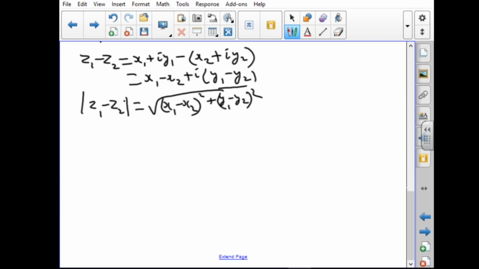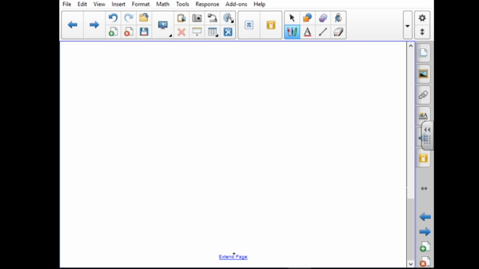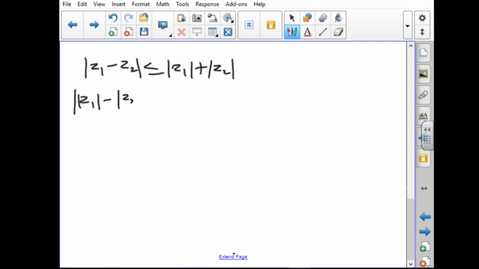Now, if you take z1 and z2 as vertices of a triangle, then by a similar argument we also have modulus of z1 minus z2 is less than or equal to modulus of z1 plus modulus of z2, and modulus of z1 minus modulus of z2 is less than or equal to modulus of z1 plus z2, which is less than or equal to modulus of z1 plus modulus of z2, that is by the triangle inequality.